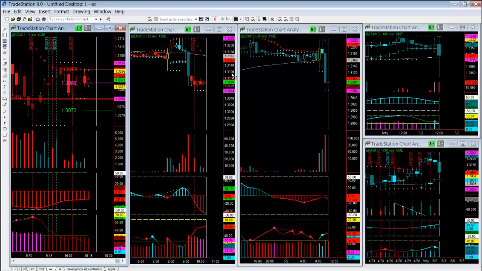That's what I would prefer. But did buyers step in? No, they did not step in. This is one for me to get the right stop on that one. It'd have to be about 10 to 12 ticks, because you're right at the ATR.